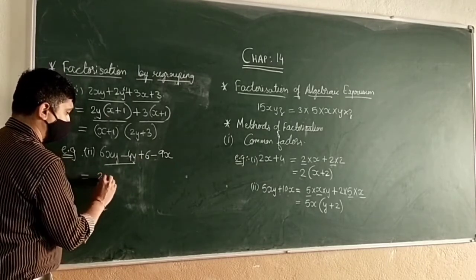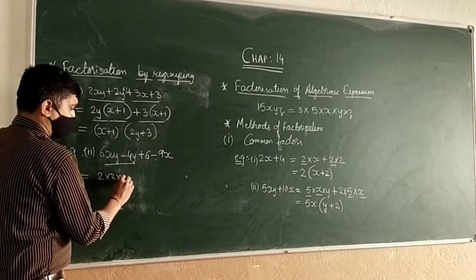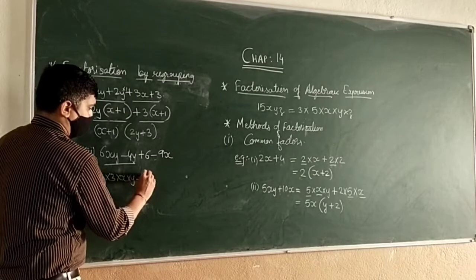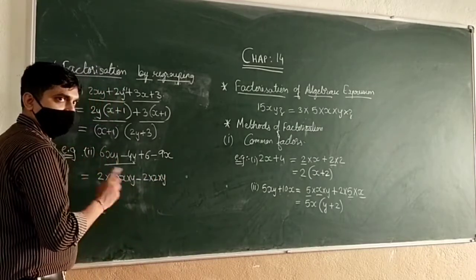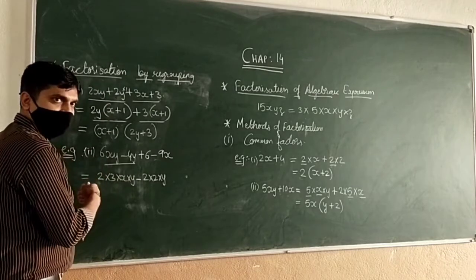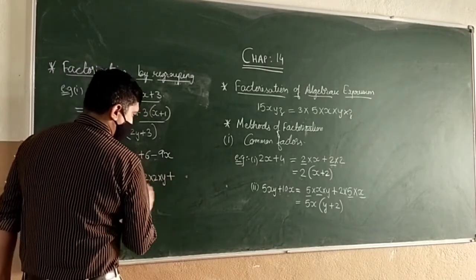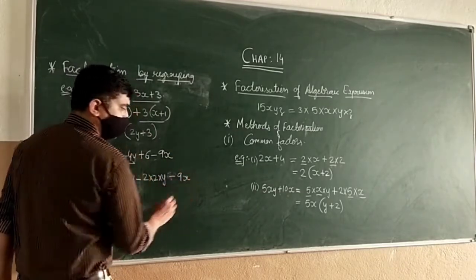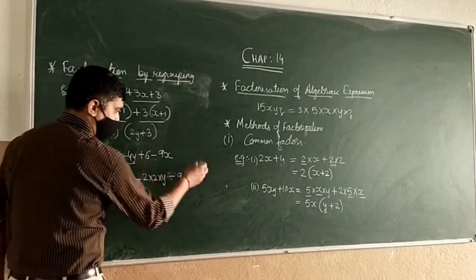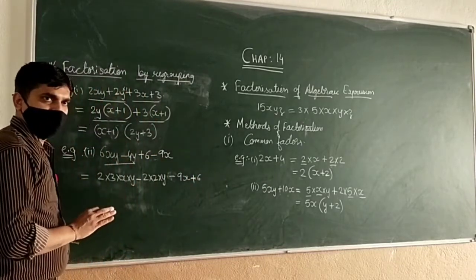You will write 2 3s are 6, into x into y, minus 2 into 2 into y. But try to understand it directly, in one line. Plus 6. If I take minus 9x before it, is there any problem? No. And if I take plus 6 behind, is it okay? Yes.